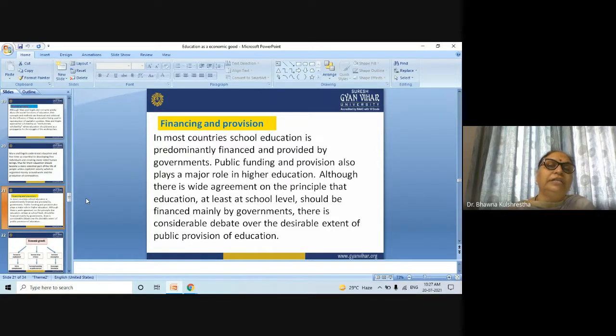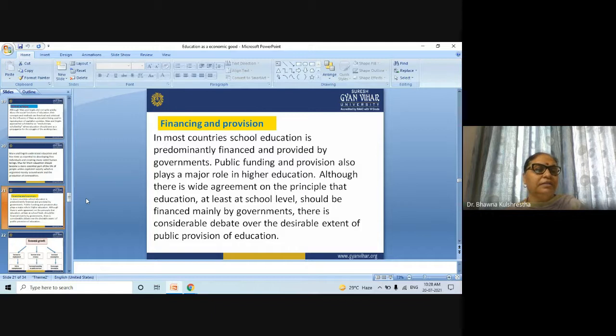Supporters of public education argue that universal public provision promotes equality of opportunities and social coherence.